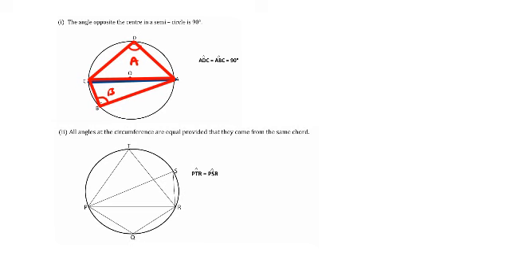Also, if you have angles touching the circumference of the circle, for as long as they are coming from the same chord, those angles are the same. So we have the chord PR, and then we have angle T touching the same chord, and also angle S touching the same chord.